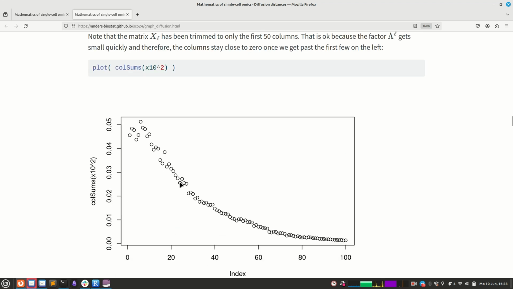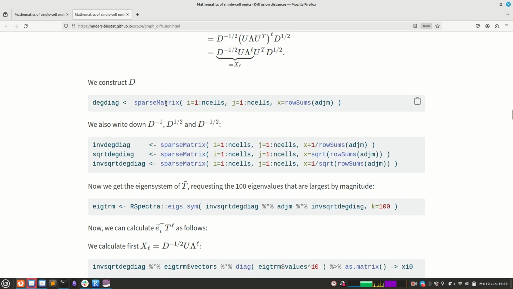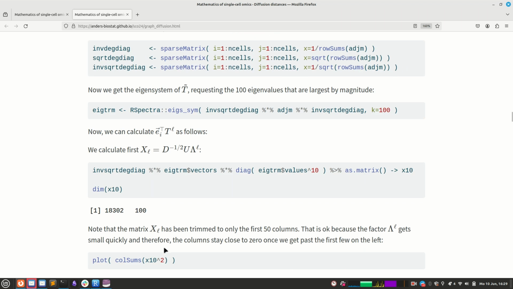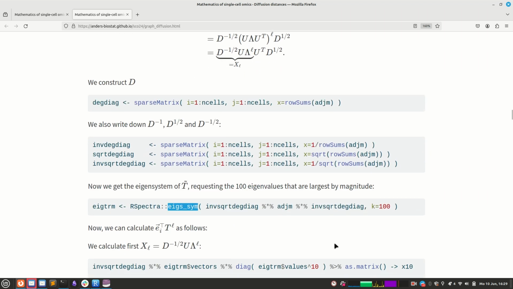And as you can see, what I've done is I calculate this matrix X, which is everything up to here. I call it XL, or now X10, because I've set L to 10. And I get here this matrix, and I only keep the first 100 columns. This is because here I used this eigensolver function to get me the first 100 eigenvectors for the 100 largest eigenvalues.